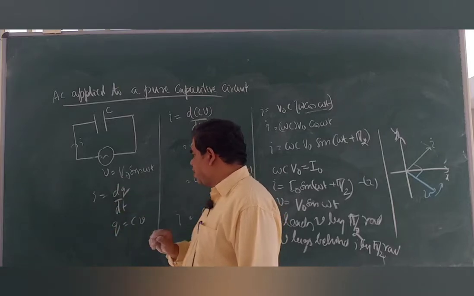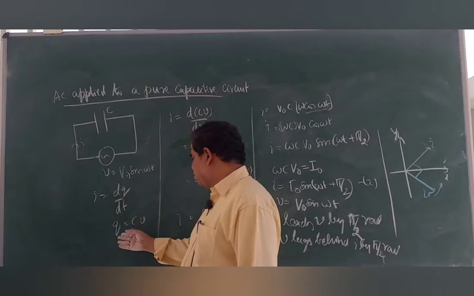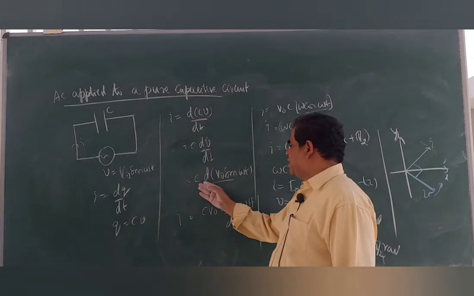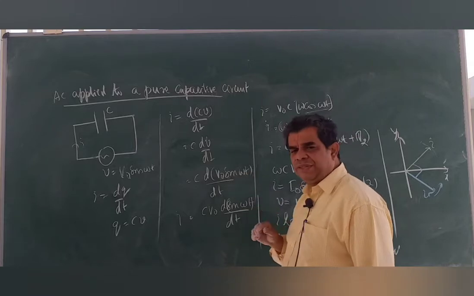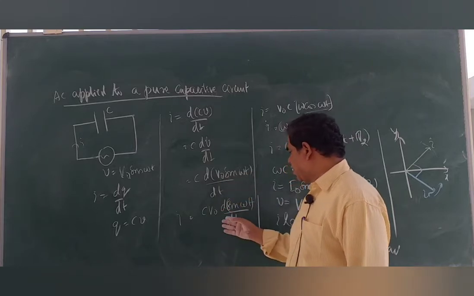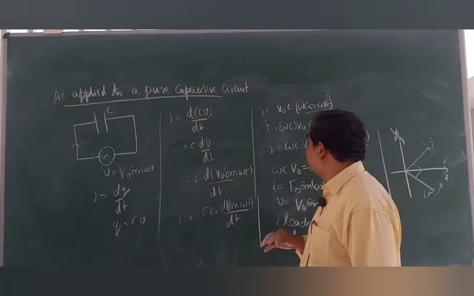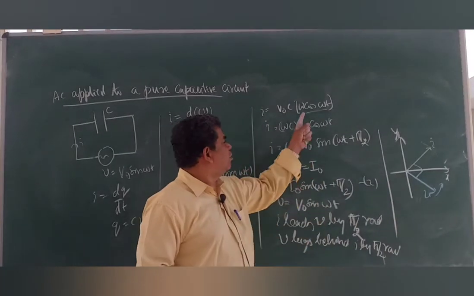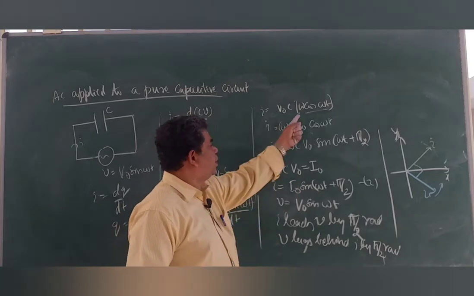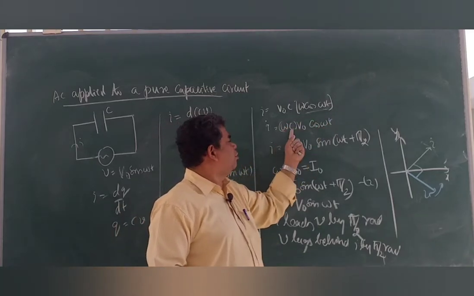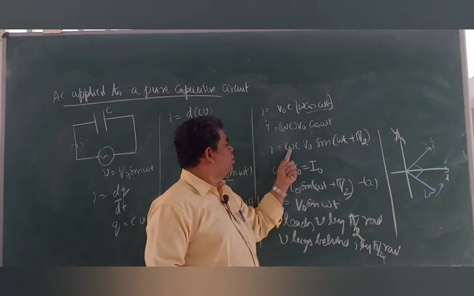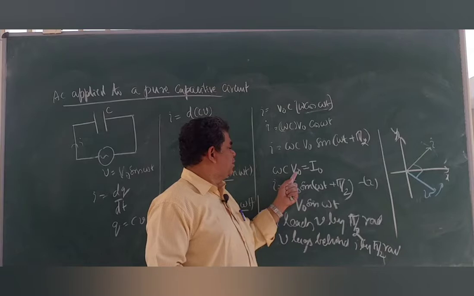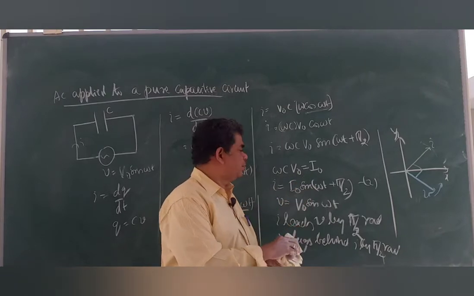I equals dq by dt, we know from the current definition, but q is CV, we substitute that here: C dV by dt, C differential of V naught sin omega t with respect to t. Take C V naught out, differential of sin omega t is omega cos omega t. Taking out omega C V naught, cos omega t becomes omega C V naught sin of omega t plus pi by 2. Omega C V naught we can call I naught.